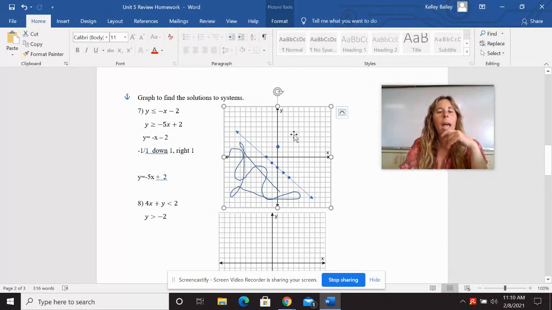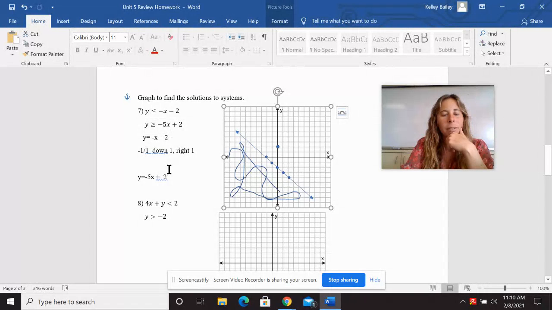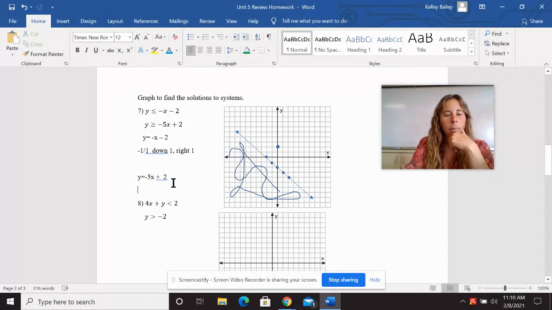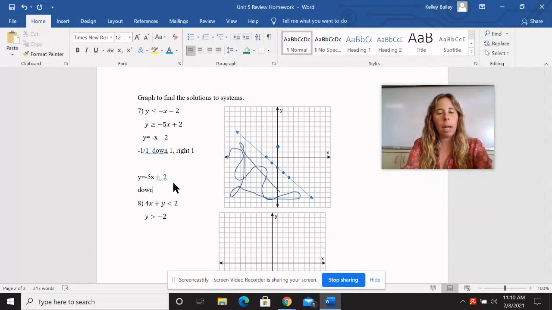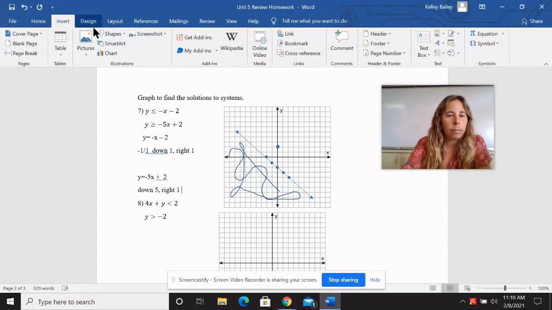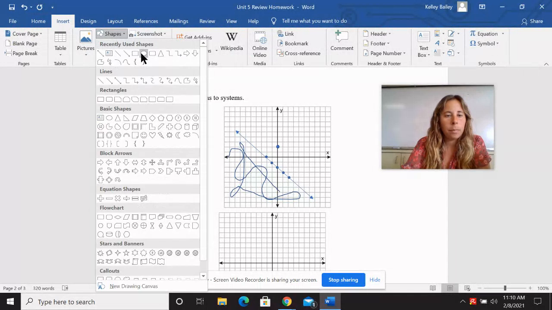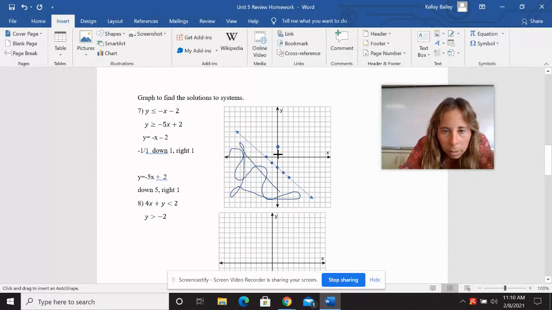That's better. And then your slope is -5. So that means it's -5 over 1. So you're going to go down 5, right 1. Down 5, and to the right 1.